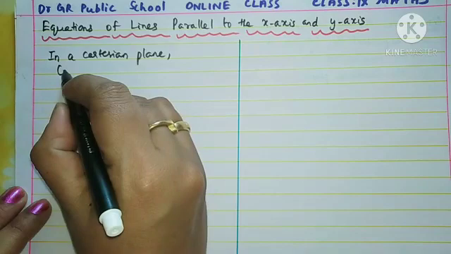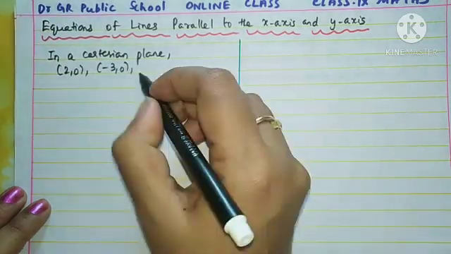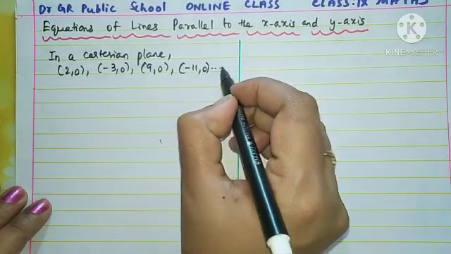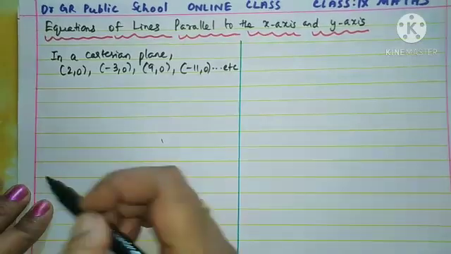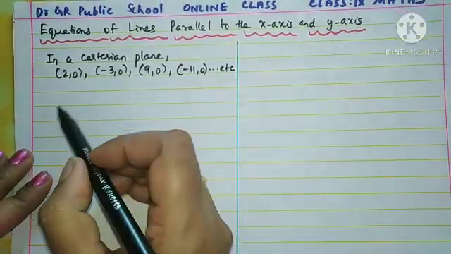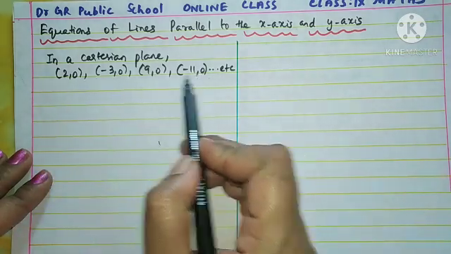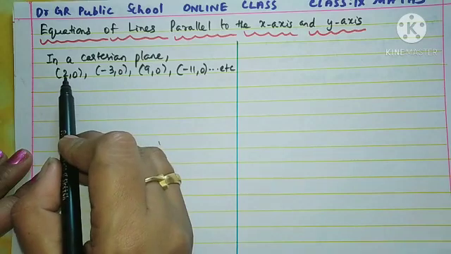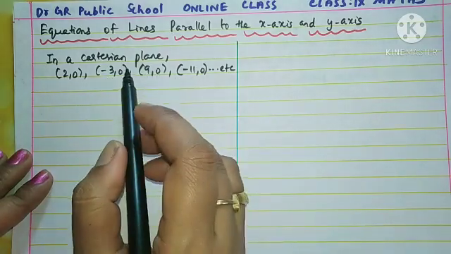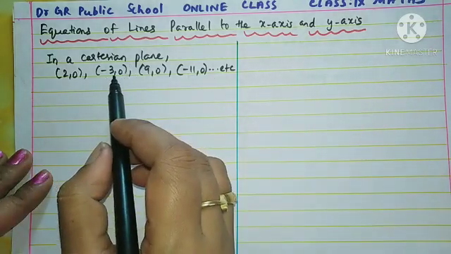If I am considering these points 2, 0, minus 3, 0, 9, 0, minus 11, 0, etc. If I am taking this type of coordinates, where do we plot these coordinates actually? Here you see all these coordinates y is 0. Only the x point is there. Here positive x, negative x. So anyways, the x-axis is the place where we plot all these points because y is equal to 0.